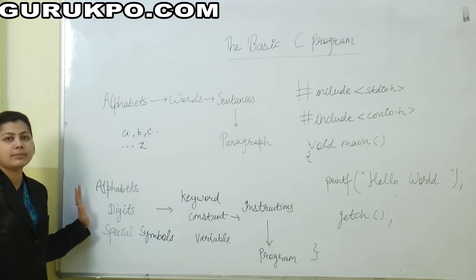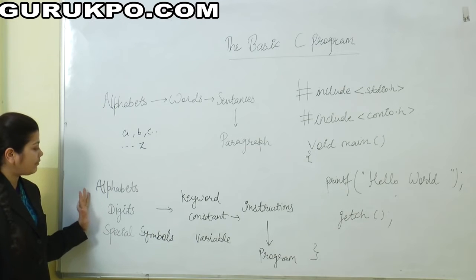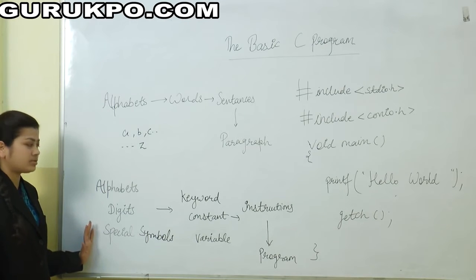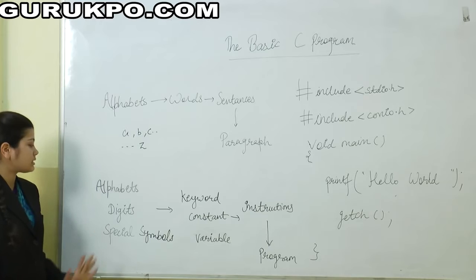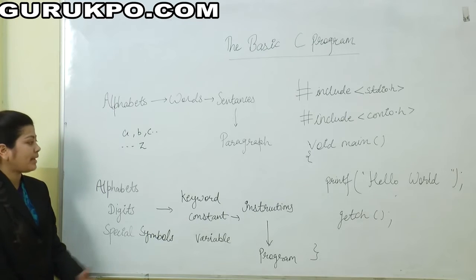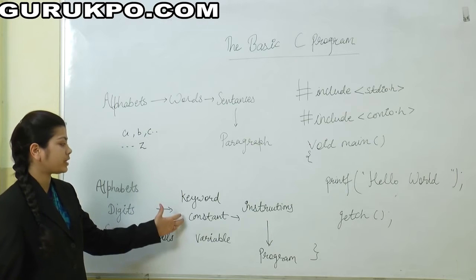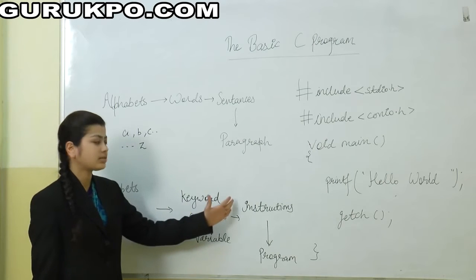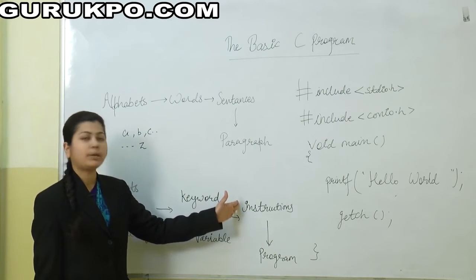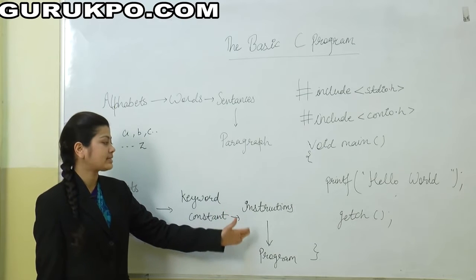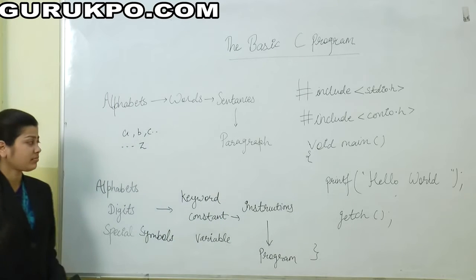Similarly, in the C program, the combination of alphabets, digits and special symbols makes the constants, variables and keywords, and the combination of constants, variables and keywords makes the instructions, and the program is basically a set of instructions.